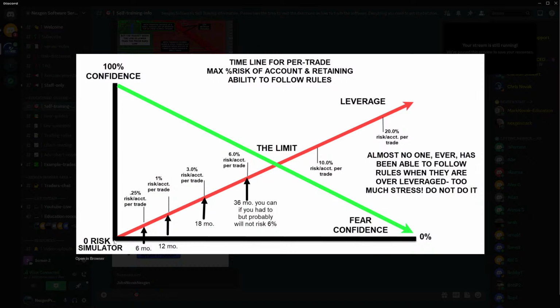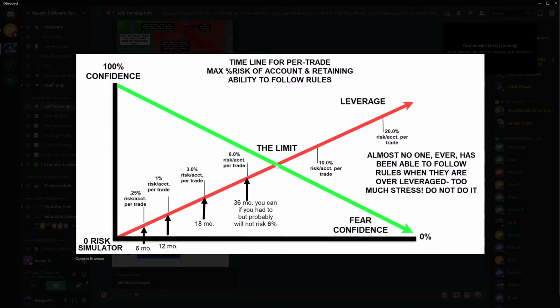I want you guys to really, truly internalize what I'm going to tell you right here. If you're not risking any real money, you're going to have ovaries or balls of steel. You're not going to be scared. There's going to be nothing wrong. You're going to just hang on for dear life because you're not going to lose anything. The more money, real money, percentage of your account you start risking, the lower your confidence is going to be in a trade.